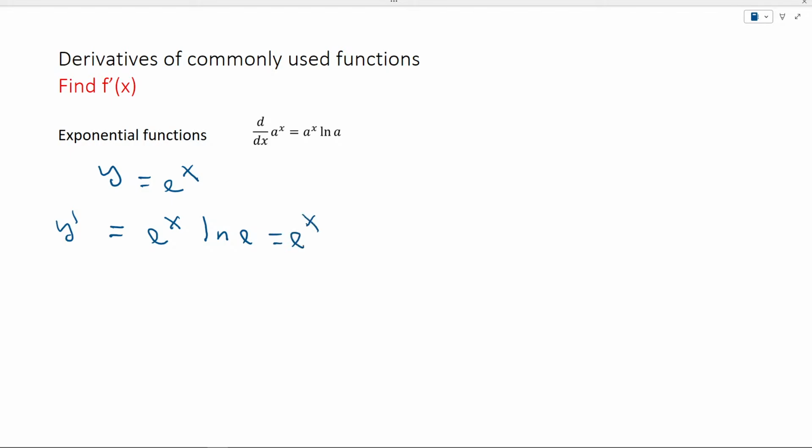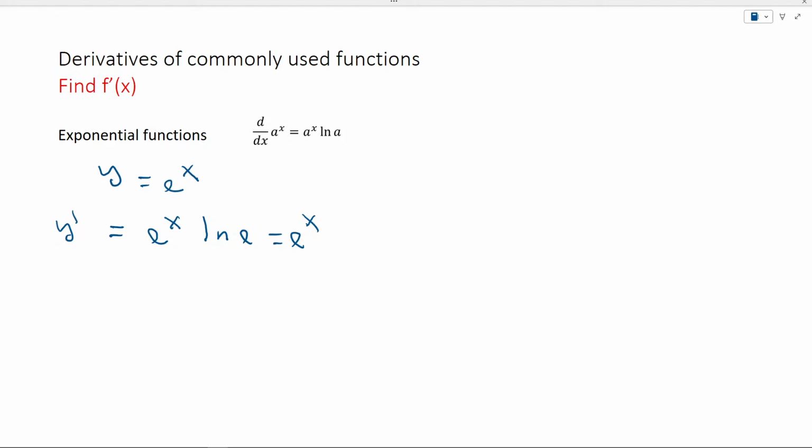So y equals e to the power x, and its derivative is e to the power x. This function is the same as its derivative.